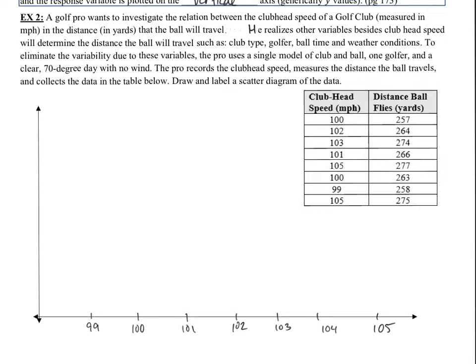Alright, so that was my x values. Now the y values, the distance the ball flies. The lowest value we see is 258, and the highest value we see is 277. So we're going to stick in between there.